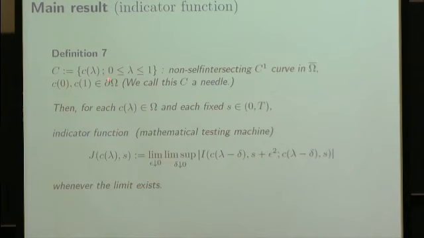I will call this curve C a needle. Okay. And then for each C lambda, which is the point of this needle, I will define the indicator function j of C lambda s by this formula. I'm taking the two limit, which is really impractical, but this is the way to define it.